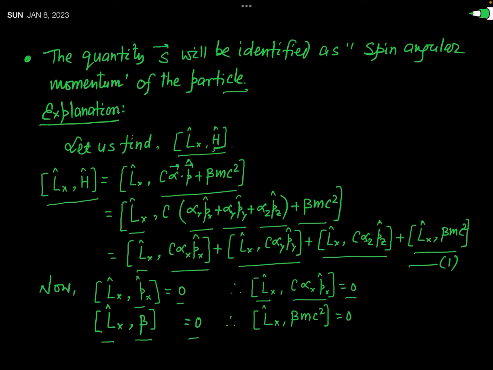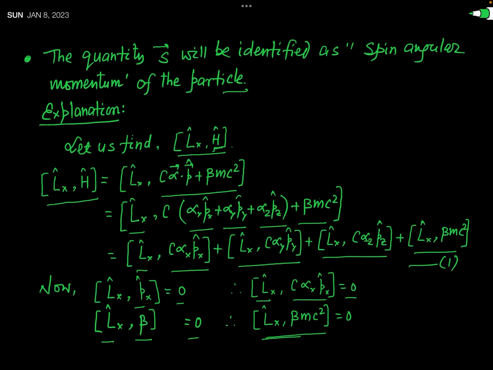Again, you can try to find the commutator of Lx hat and beta, and that will also be equal to 0. I have not simplified this commutator, but you know the meaning of this beta matrix and this Lx hat, and following the matrices associated with them, you can easily prove it. So the commutator of Lx hat and beta mc squared is also equal to 0.